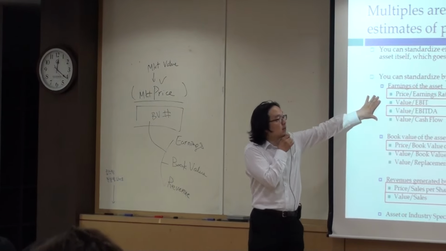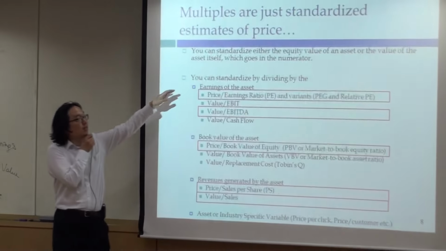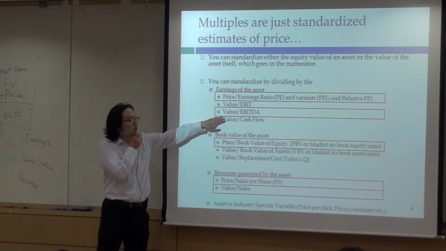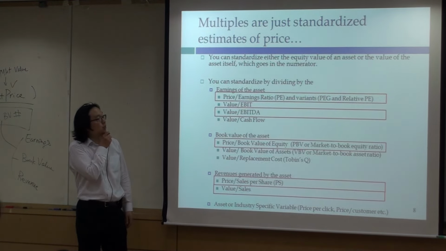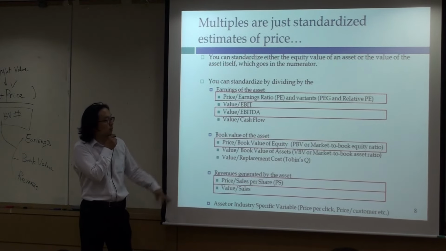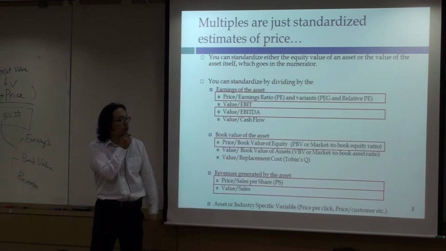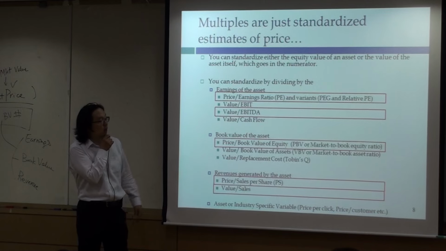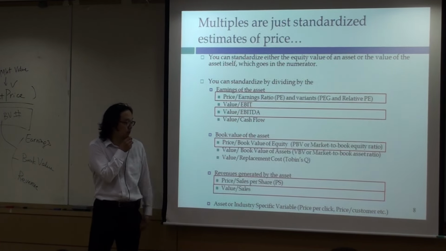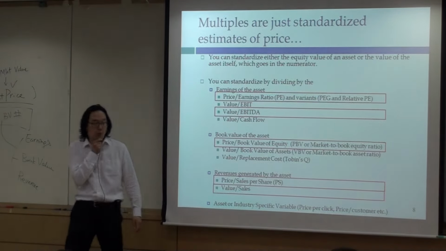And then earnings-based multiples, we have PE ratio and PEG ratio. And then we will learn value to EBITDA ratio. And then book value based multiples, we're going to learn about price to book ratio. And then revenue based multiples, we're going to learn about price to sales ratio and value to sales ratio.